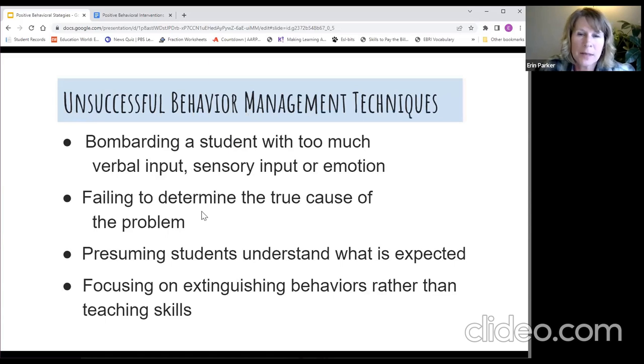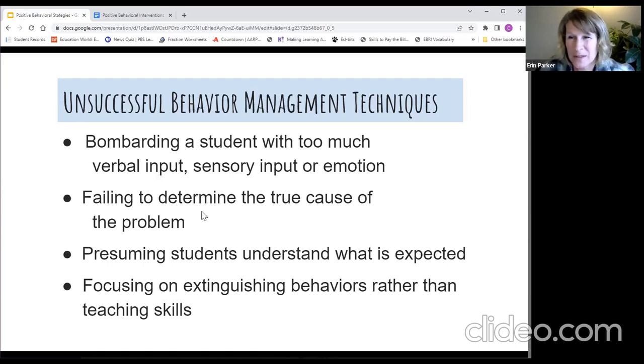Unsuccessful behavior management techniques are like bombarding the student with too much verbal input, sensory input, or emotion. Just kind of coming at the student never works very well. Failing to determine the true cause of the problem. We'll talk about this because we've experienced this. Presuming students understand what is expected, right?